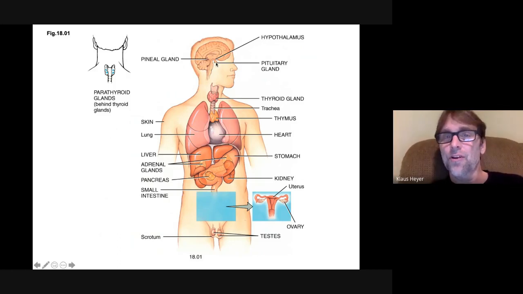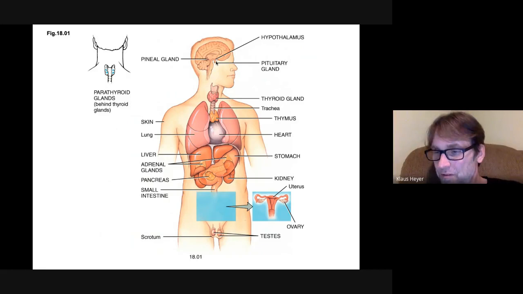Okay, wait. Those cells are going to make prolactin. You said the PRH is going to the pituitary gland, yes, and then from there, I'm sorry, could you go again? Yeah. So the PRH goes to the pituitary gland.